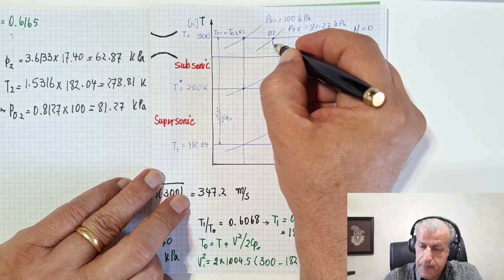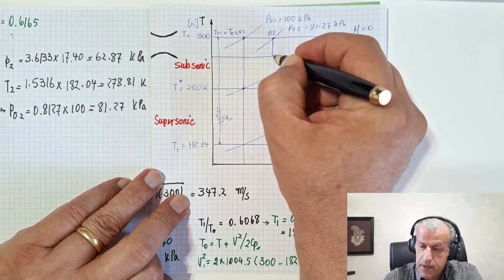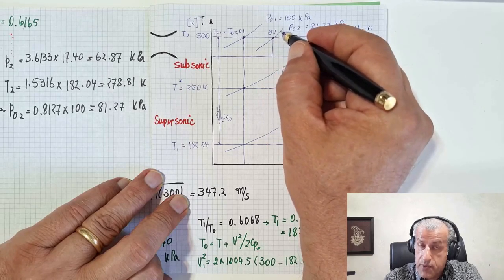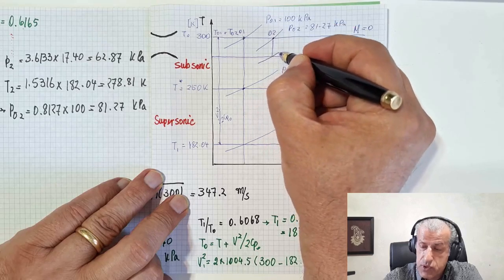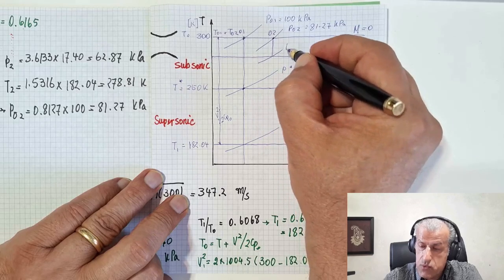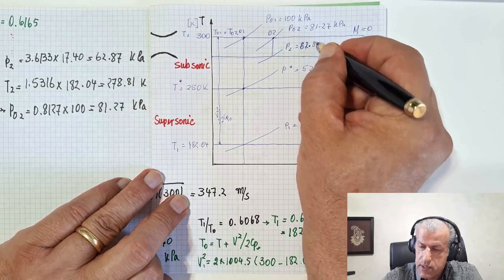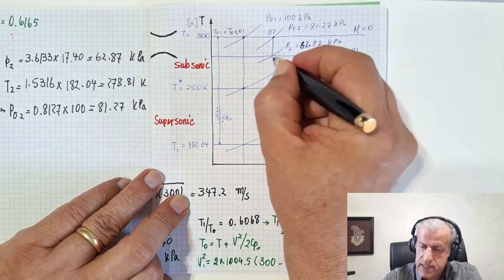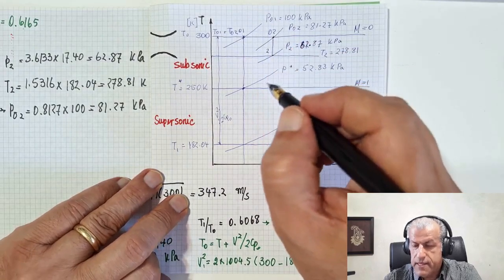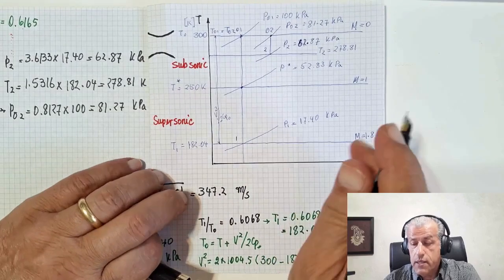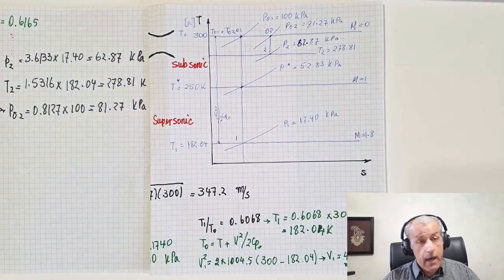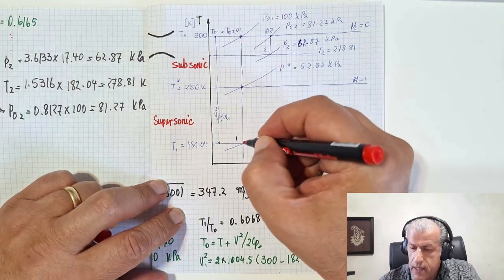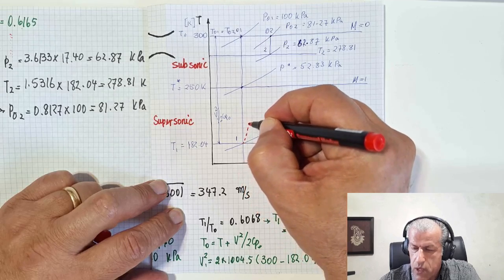And you see here, there's an isentropic relation between the total pressure and the static pressure at point 2. So P2 is 62.87 kilopascal. This is P2, and therefore this is point 2. This was point 1, and that is point 2. And if you want to show the shock wave on the TS diagram, then we could just connect 1 to 2.